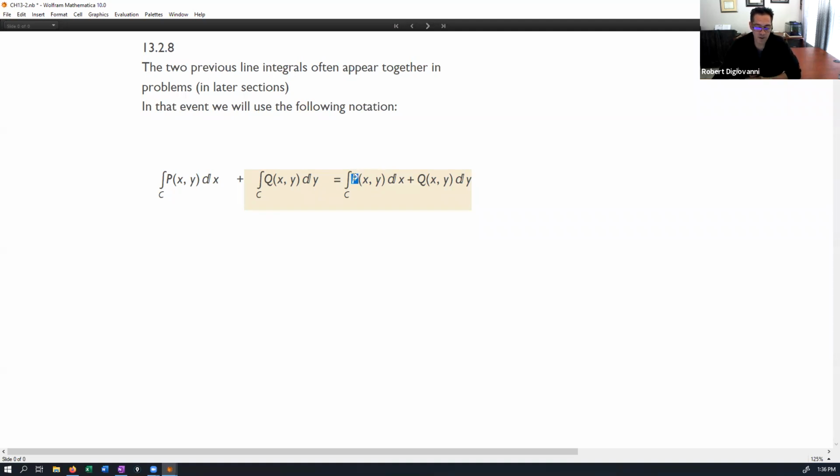So that's some surface. If you do the line integral and then put dx next to it and then put plus another surface, a different surface, and then put dy next to it, all that means is you split it up into two integrals and you do the first one with respect to x and the second one with respect to y. So this is just notation, that's all it is.